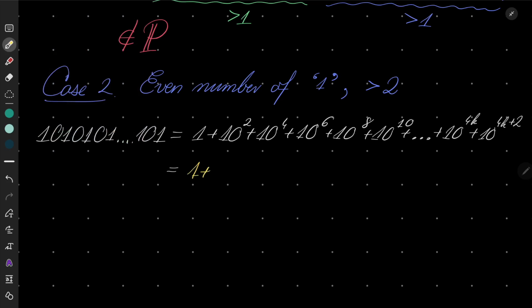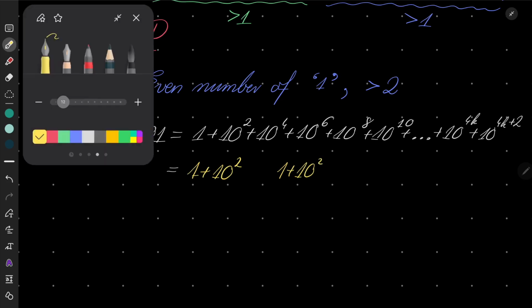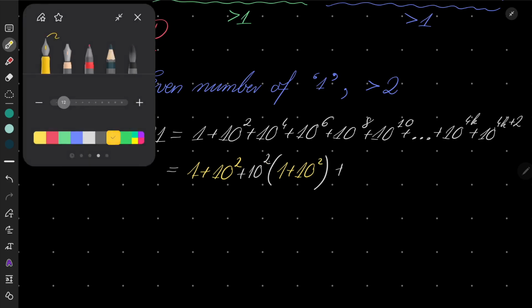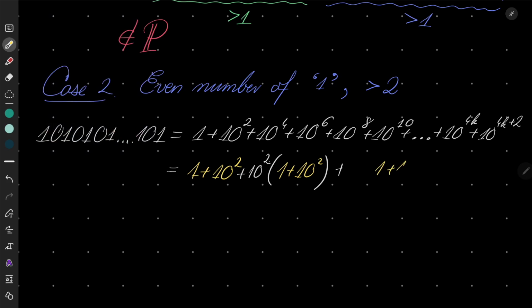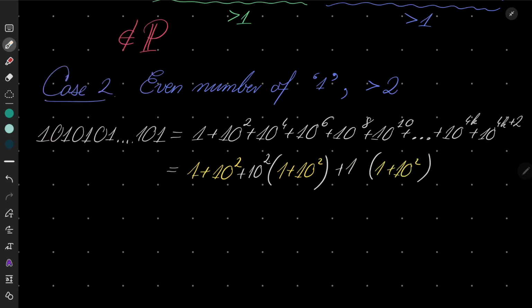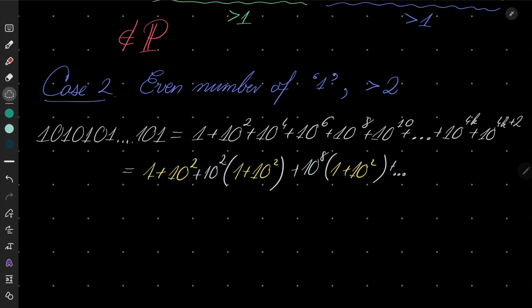First two terms stay as they are, and from the next terms I can factor out 10 to the power of 2. From the next two terms I can factor out 10 to the power of 8, and so on and so on. And the last terms, I can factor out 10 to the power 4k.